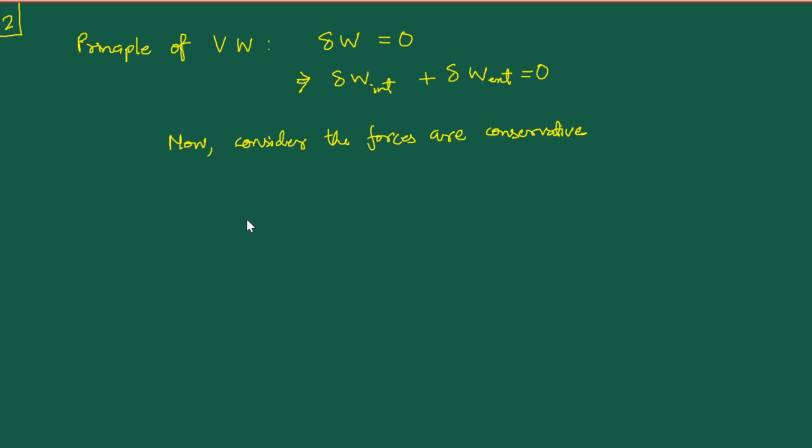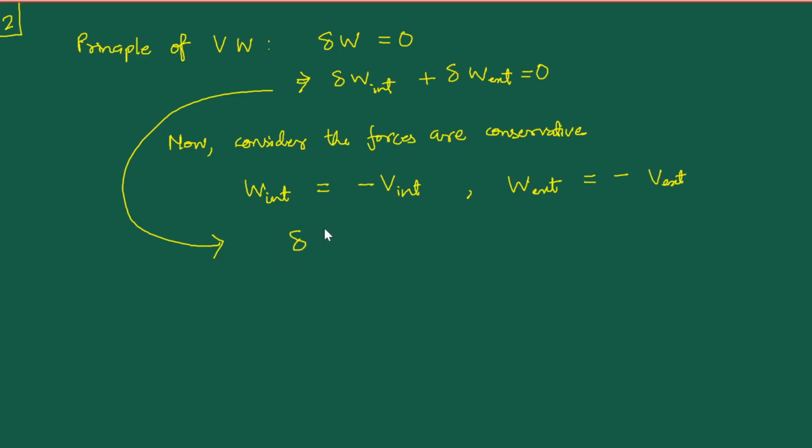So if our forces are conservative, then the work done due to the internal forces can be written in terms of this internal potential energy, of course with a negative sign, and this external work done can be expressed in terms of this external potential energy. So this V represents the potential energy. So what we can do right now, under the consideration that the forces are indeed conservative, is this.